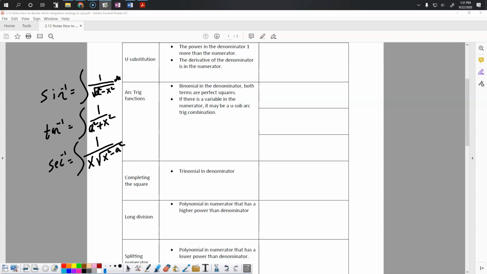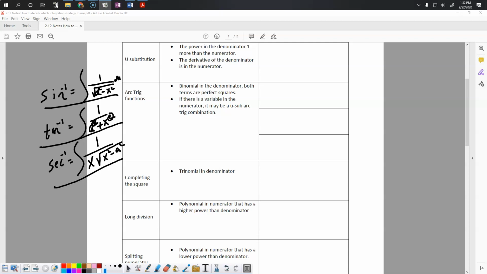So those are arcsecants. So if you see one with a square root and a variable on the outside, it's arcsecant. If you see one without a square root, but they're both perfect squares being added together, that's probably going to be an arctangent. And then finally, if you see one with a square root, but it doesn't have a variable on the outside, that's probably going to be your arcsine.